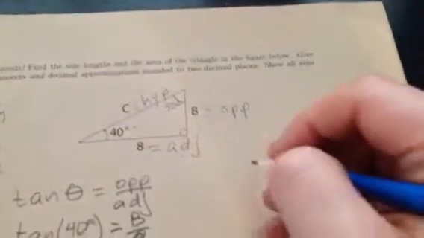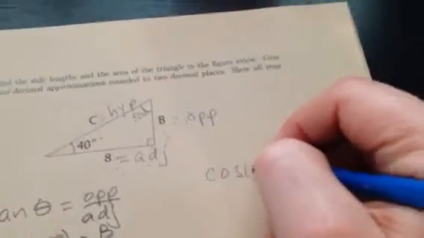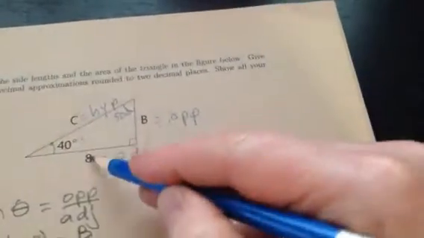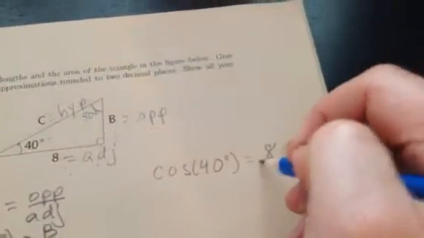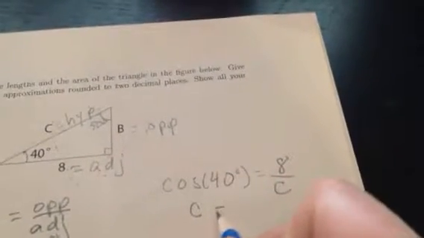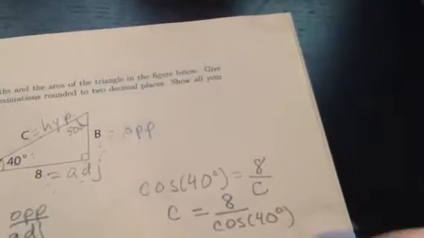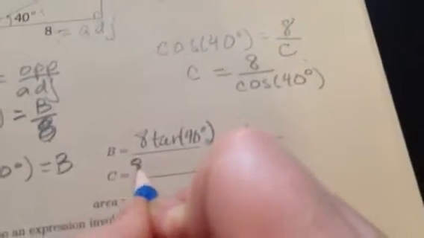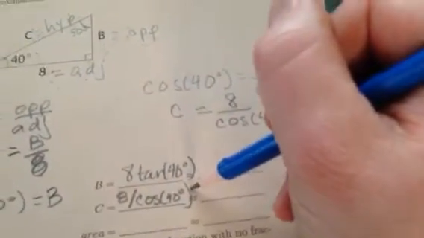So the cosine of 40 degrees is the adjacent side 8 over the hypotenuse C. Now if I multiply both sides by C and divide both sides by cosine 40 degrees, I get C is equal to 8 divided by the cosine of 40 degrees. This is our exact answer. So here we write 8 over cosine of 40 degrees. Again, including the degree symbol or it's wrong.